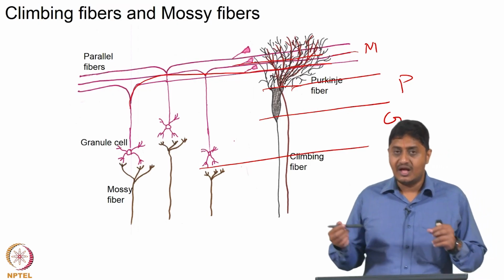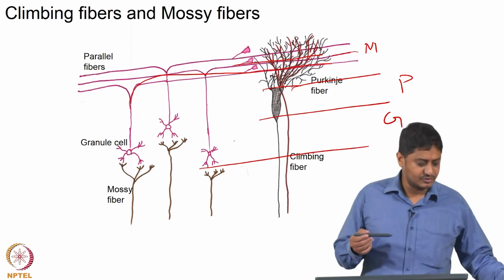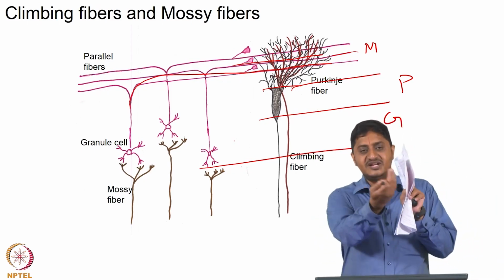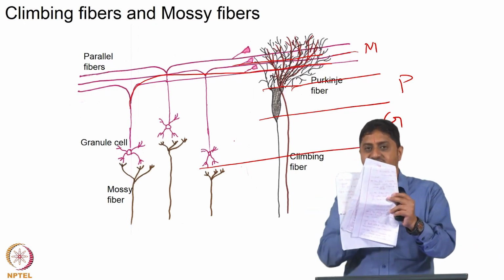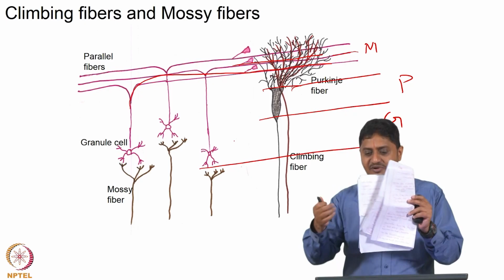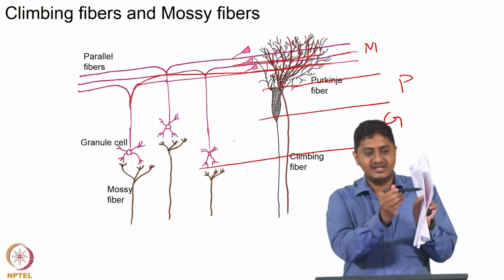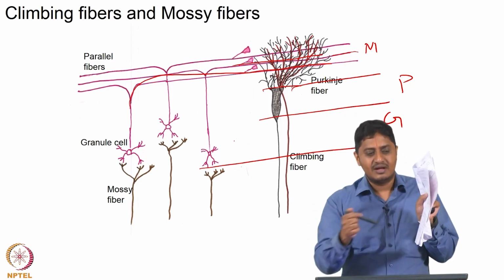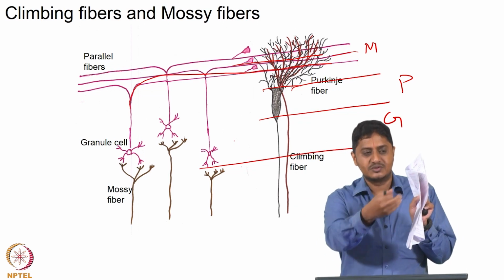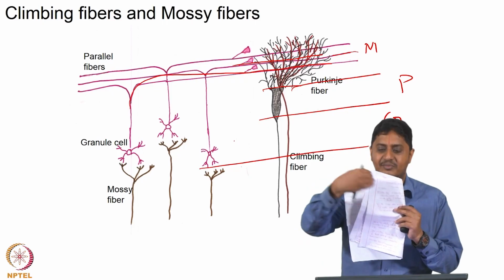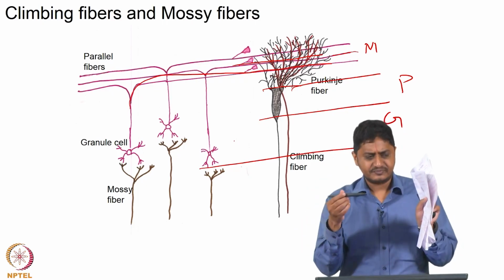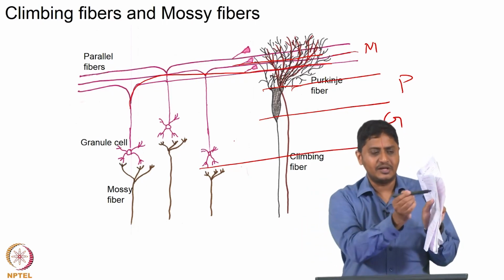We showed this example of cables passing through sheets of paper. This sheet of paper is 2 dimensional, it has area in this dimension, but in this dimension it is relatively thin, and the parallel fibers go through this. So, this is the Purkinje cell, and the parallel fibers are perpendicular to the Purkinje cell.